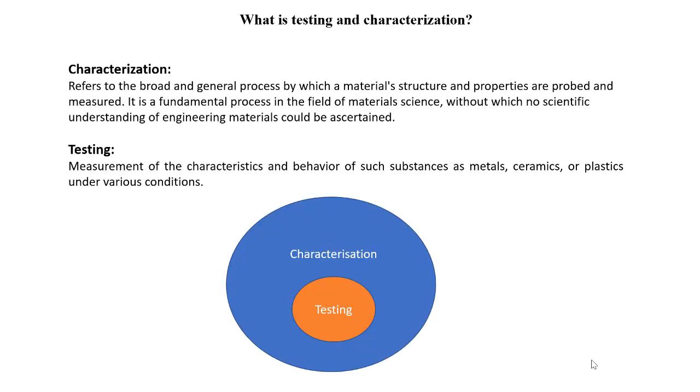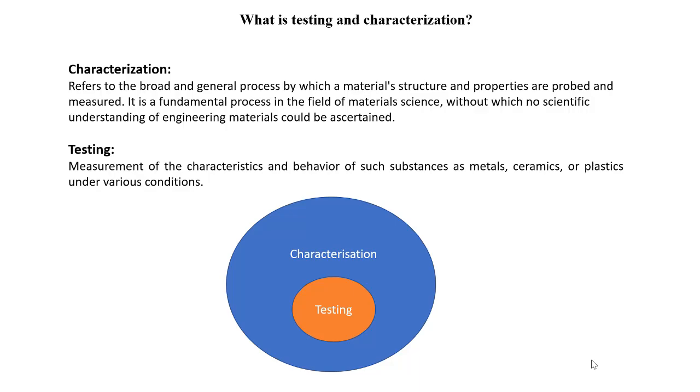So starting with the characterization. Characterization is a broad term, but it is used for the material's structure and property. So if we want to know about the material's functionalities or properties, then the broad term is called characterization, and testing is one subset of this domain called characterization.